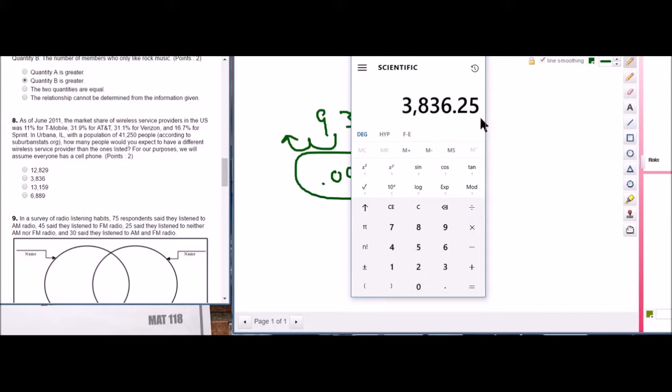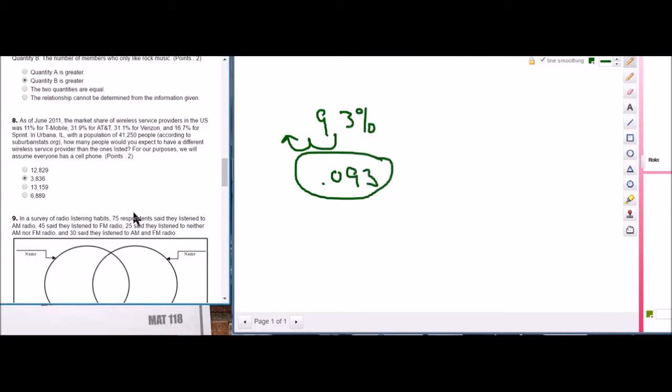Technically there's not going to be a part of a person, so there's not going to be 0.2. Some students argue with me and get mad when they come across a question like this. Please don't get mad. So we have about 3,836 people that do not have one of those carriers.